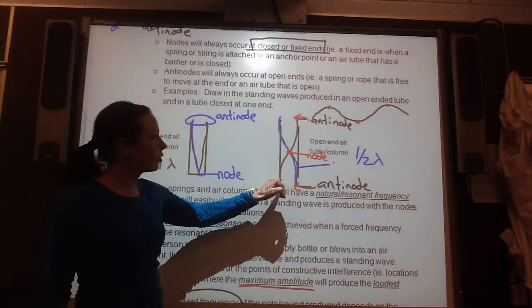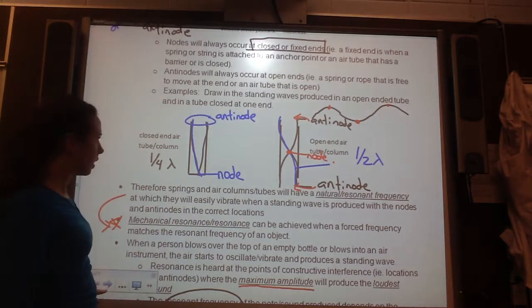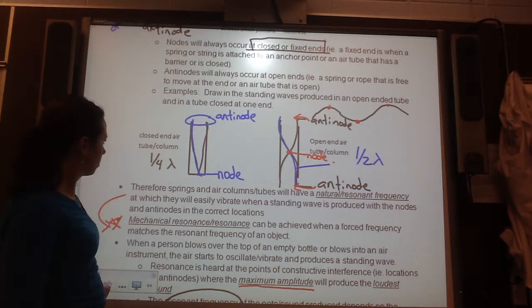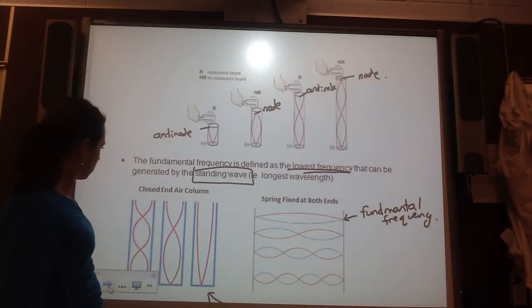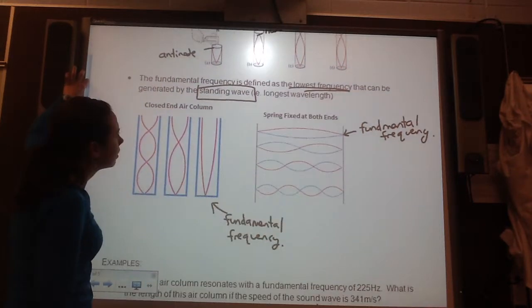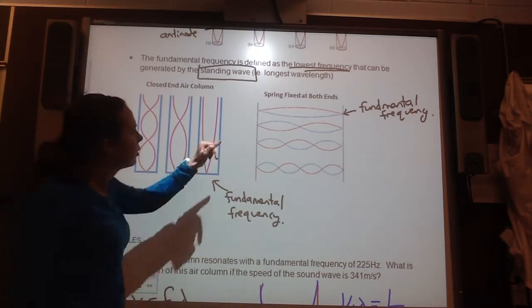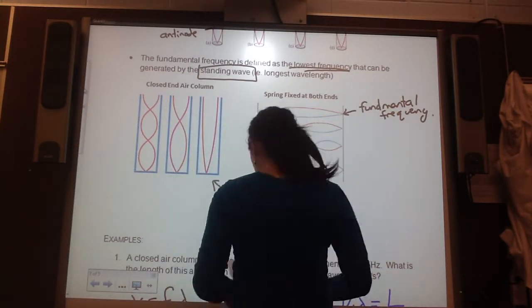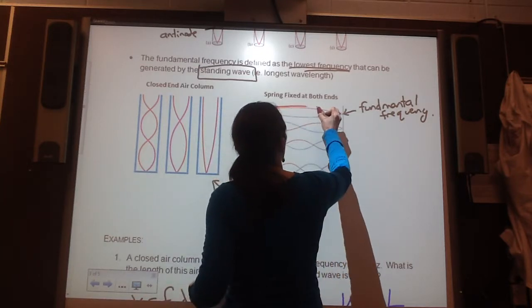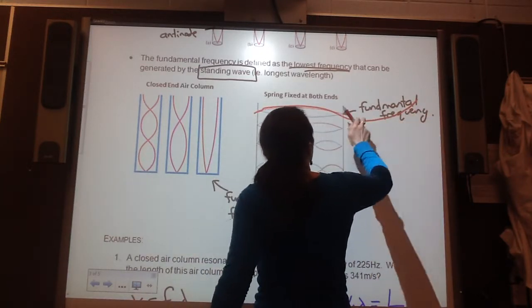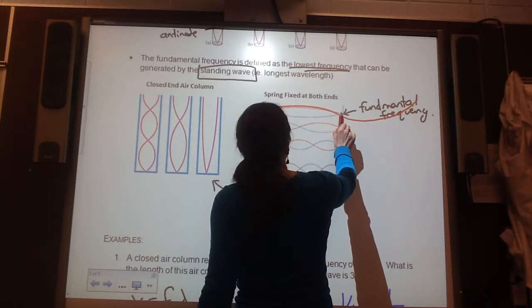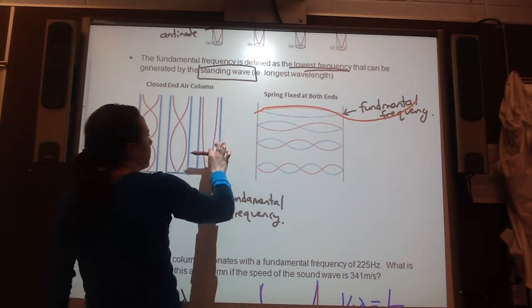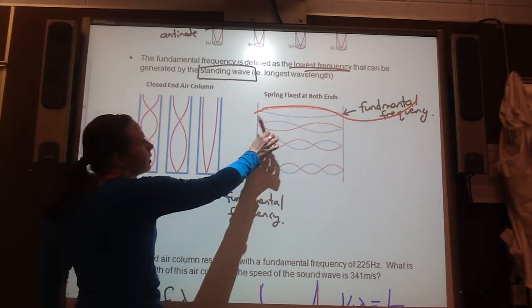But a fundamental frequency, when it's vibrating in that, I don't know. How did we know it was a half? Because it's a full half of a wavelength, right? From here to here, if we looked at this wave, and then it goes up, this whole thing is 1/2. When we looked at the fundamental frequency that's resonating in the tube, that's only a quarter.